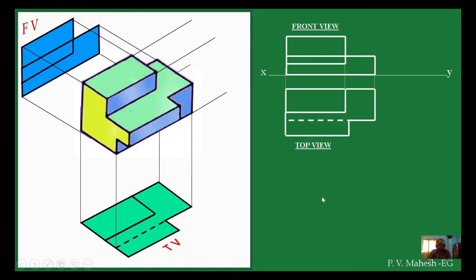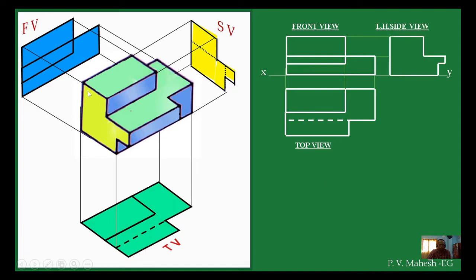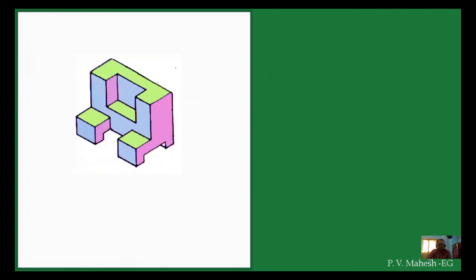Now if I want to draw the side view, in the side view all these lengthwise lines will become points, so we'll see only the yellow color portion. But here one edge is there, and this edge will be a hidden line that we have to draw. This edge also is there, hidden line. These are the two hidden lines we have to draw. So in the side view, we have drawn this outline, and we have to draw this hidden line and the hidden line here representing this corner, this edge. Okay, so this is about the front view, side view and top view.